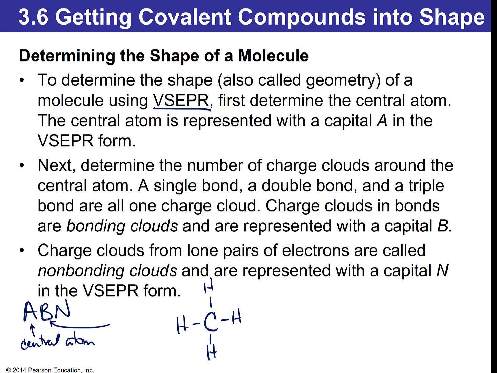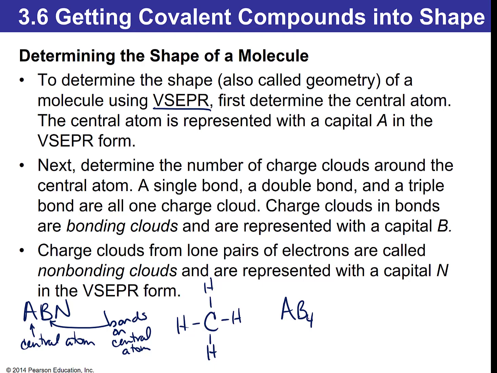B talks about how many bonded pairs are on the central atom. And so this one's 4. So you would call this AB4. N is non-bonding electrons on the central atom. Does carbon ever have non-bonding electrons?